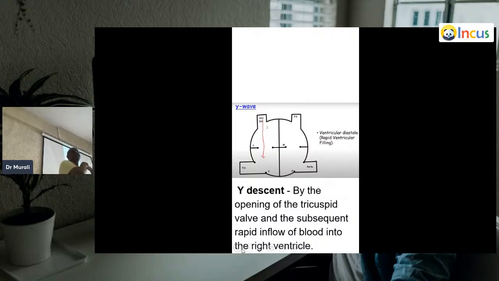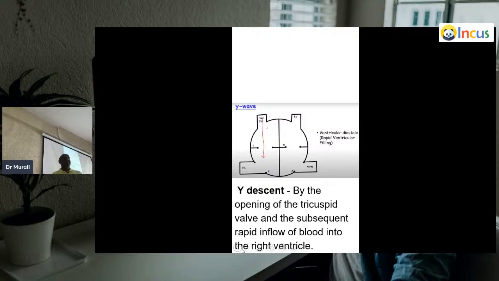And because of that sudden gush of the blood from the atria into the ventricle during the first one third of the ventricular diastole, what will happen to the pressure in the atria? Decrease. And that decrease is called Y descent. Understand? So Y descent occurs during first one third of the ventricular diastole.